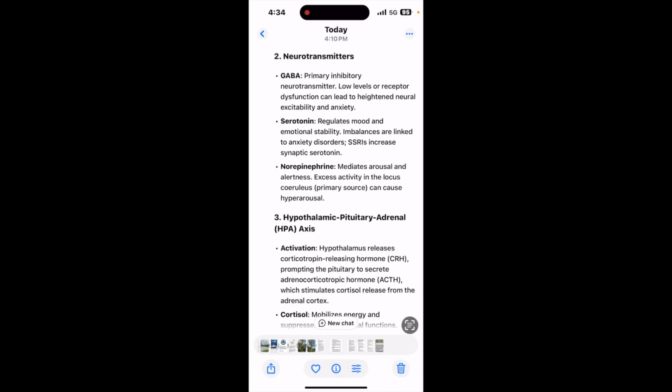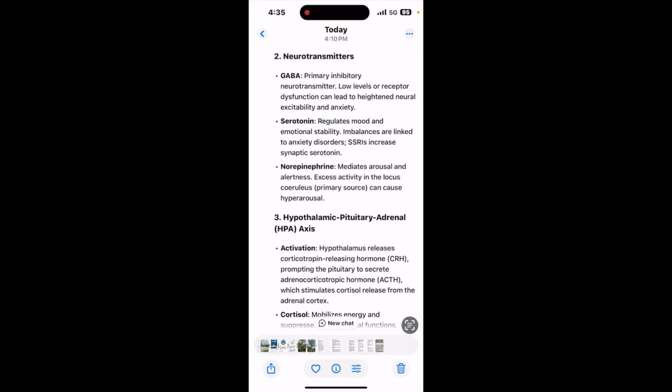neurotransmitters. Neurotransmitters are hormones, chemicals, signals that are produced by neurons, our nerve. So one of it is GABA. Low levels of GABA will actually cause anxiety. I will talk about GABA later.